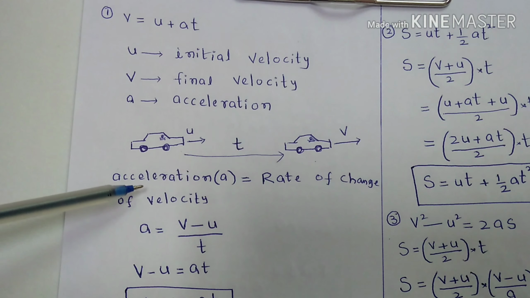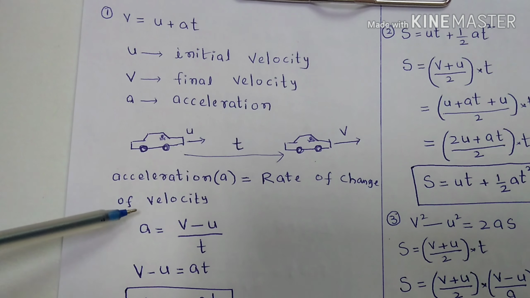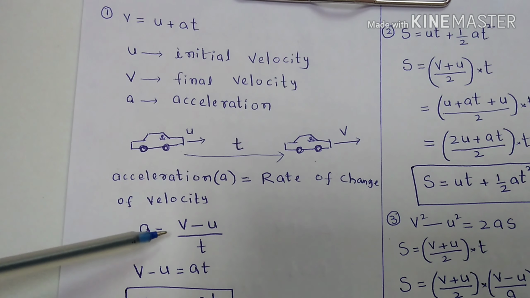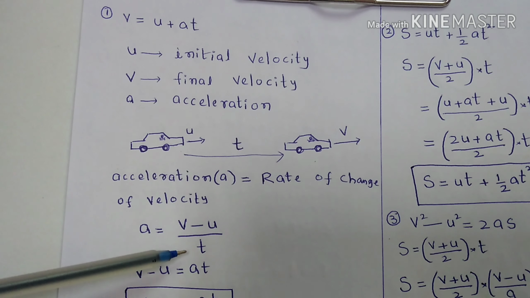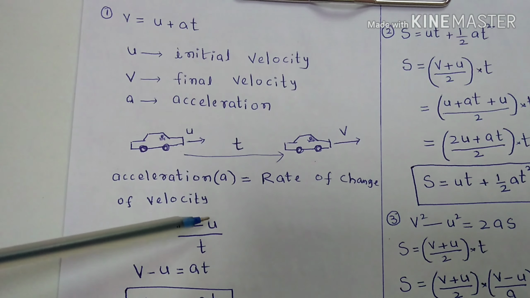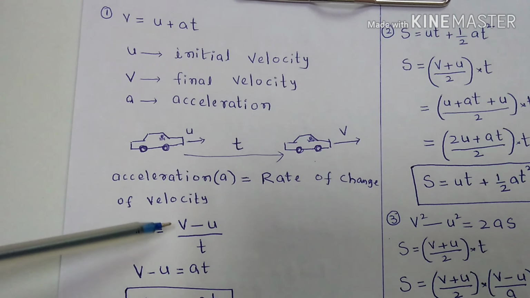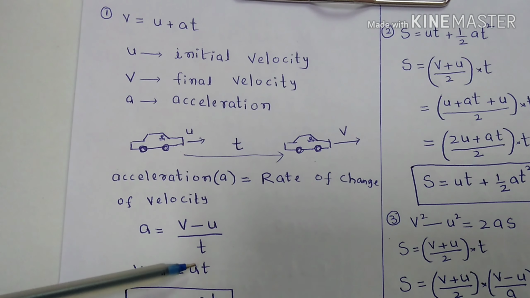Acceleration definition is rate of change of velocity. What does it mean? Rate of change of velocity means change in velocity divided by time. The change in velocity in how much time? In the time t. So A is equal to change in velocity, V minus U, divided by time t.